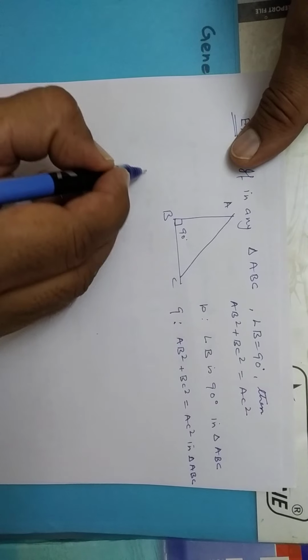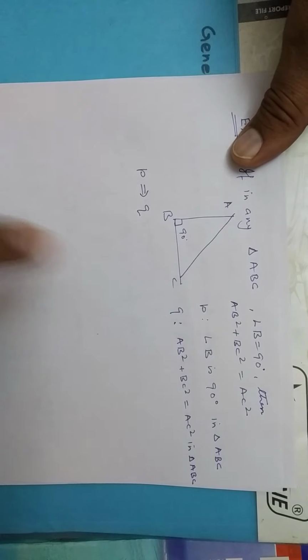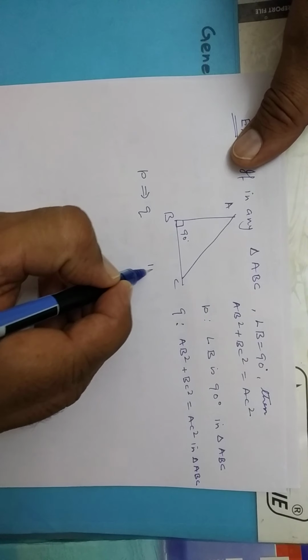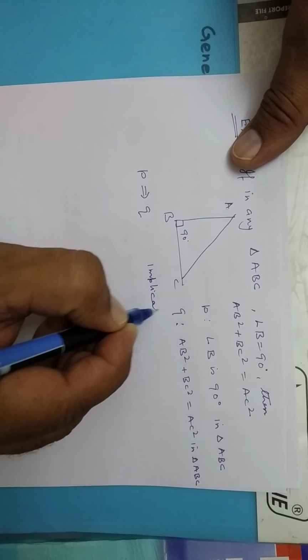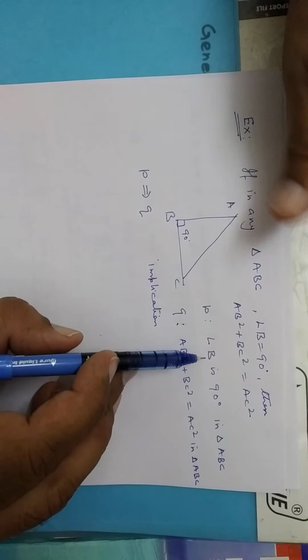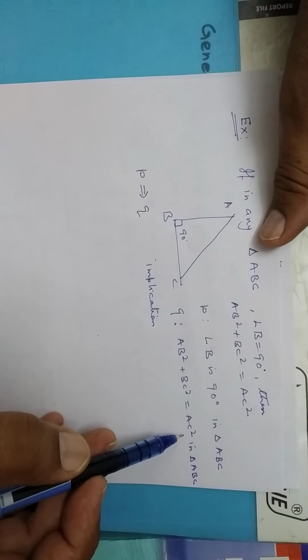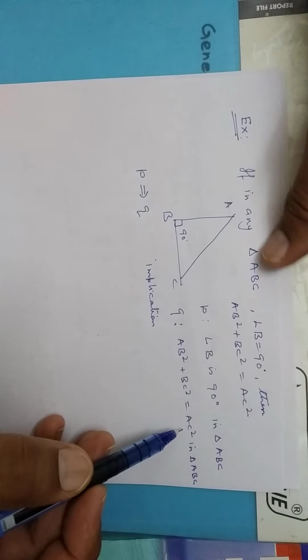P implies Q is our implication. This is an implication: if angle B is 90 degrees, then AB square plus BC square is equal to AC square. It happens always.